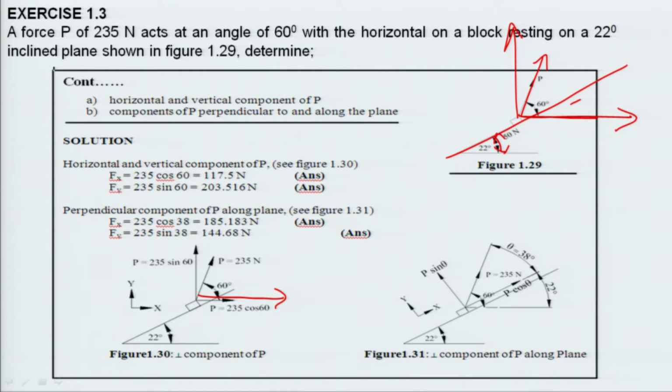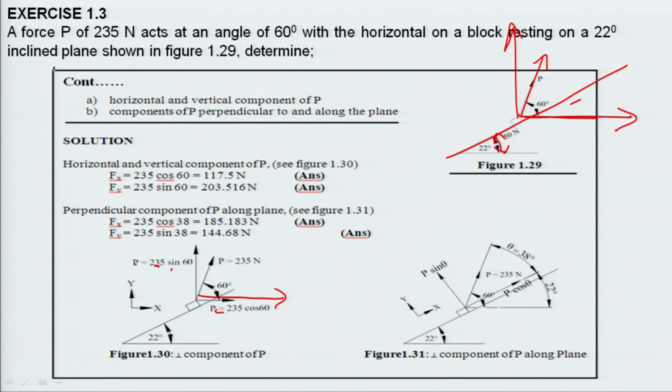The value will be P cos 60, that is 235 cos 60, and the other component will be 235 sin 60. So, these are the horizontal and vertical components of P.